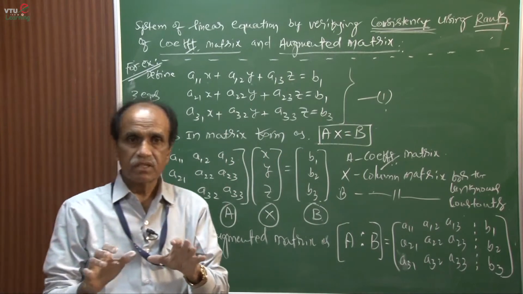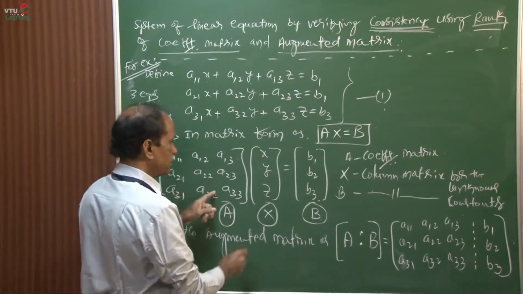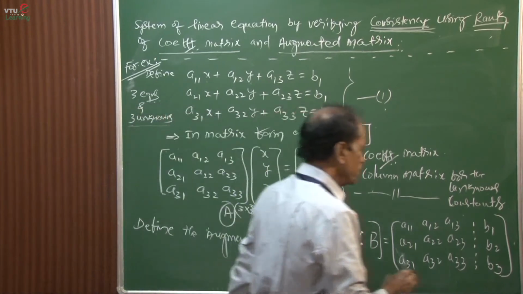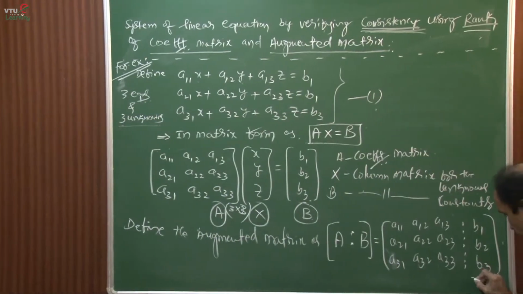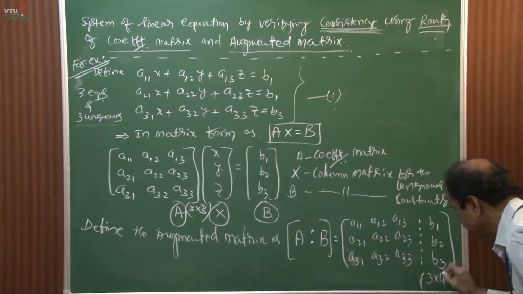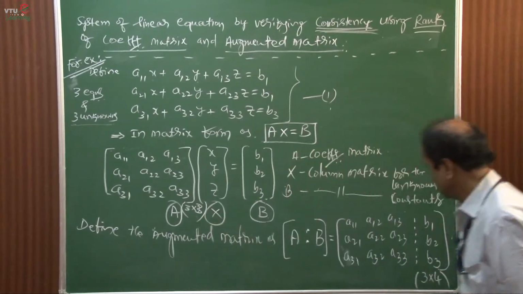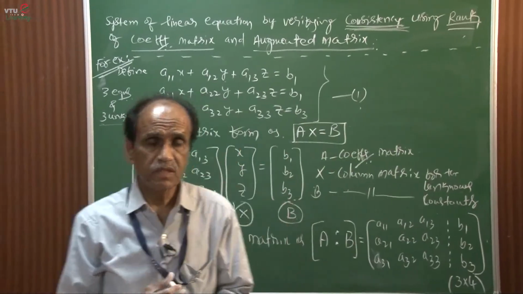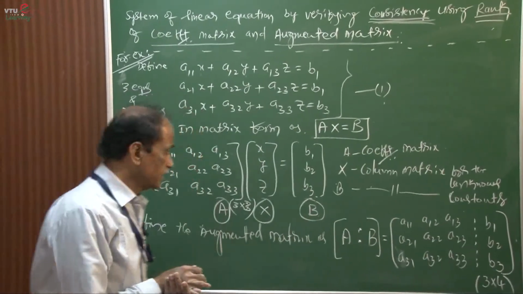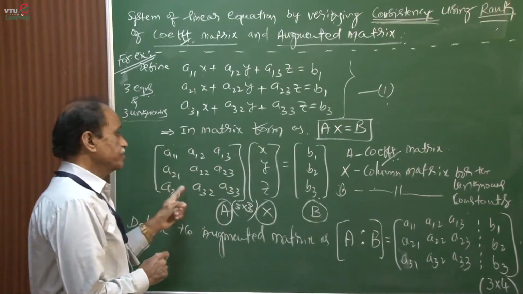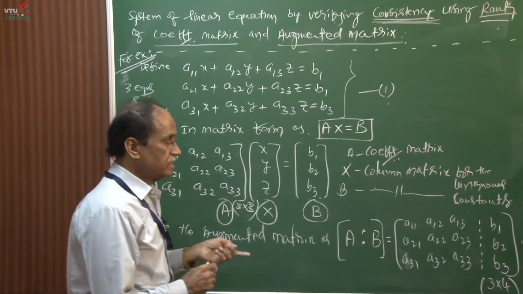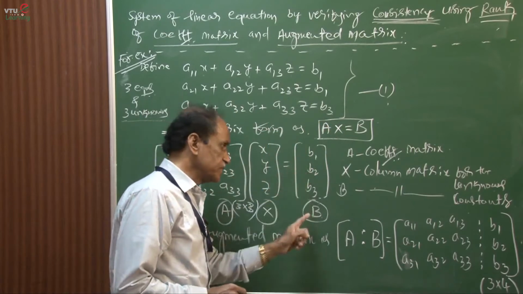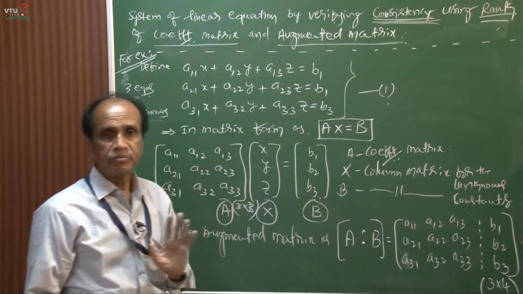The coefficient matrix here is 3 cross 3, and the augmented matrix becomes 3 cross 4. This is a square matrix and this is a non-square matrix, because the square matrix is in terms of the coefficients A, and the augmented matrix is in terms of A's and B's. B's means B1, B2, B3.